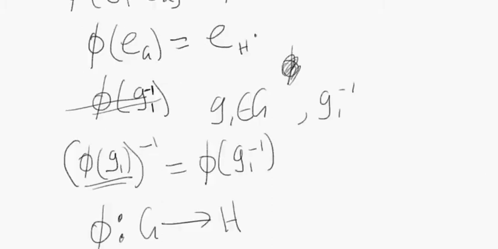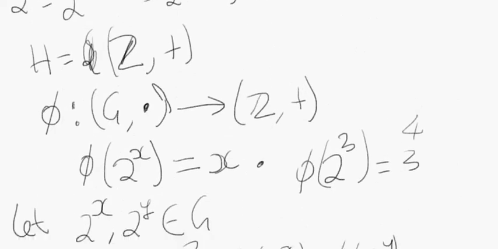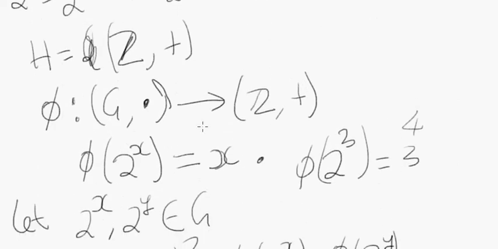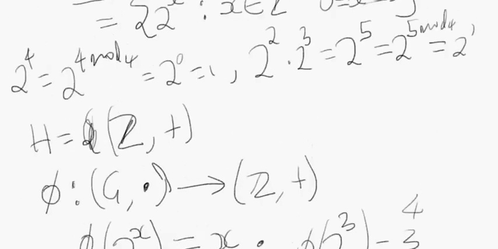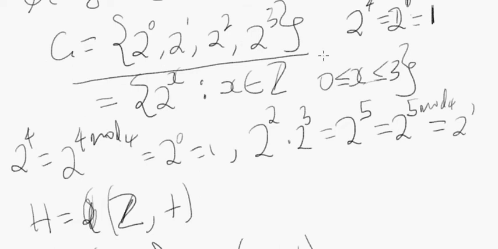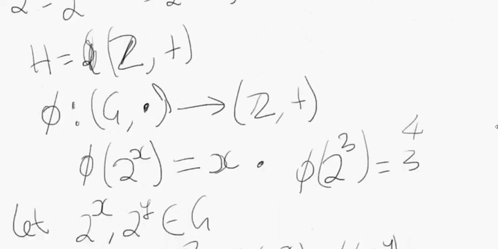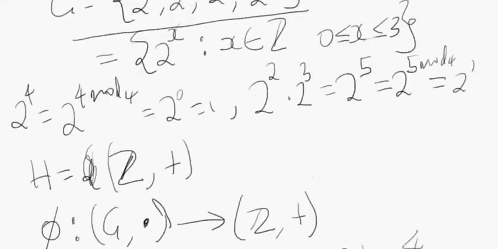So for instance, a surjective, or what's called an onto map. In this particular case, we had the group which was the powers of 2: 2 to the 0, 2 to the 1, 2 to the 2, 2 to the 3. And over here we had just the integers under addition. Now what turned out happening is that, sure, we sent every 2 to the x to x, right? But remember that we're only considering x between 0 and 3 here.